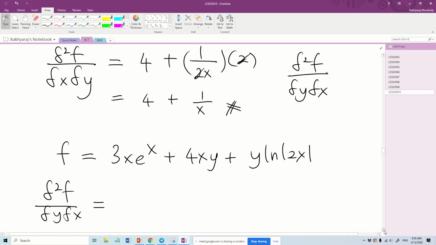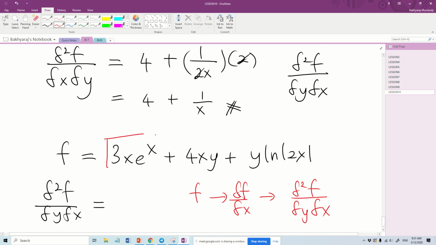The answer is the same, you will get the same answer, but the steps are different. So first, for function f you go for delta f over delta x, and differentiate this, you get delta square f over delta y delta x. But this time you need to use the product rule. Why must you use the product rule? Because you have x exponent x.